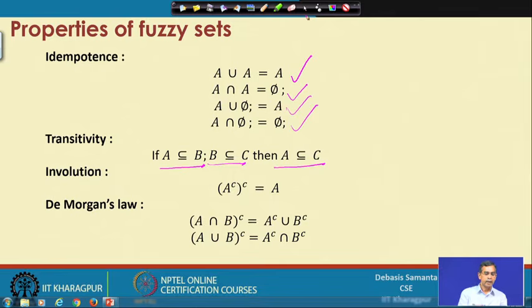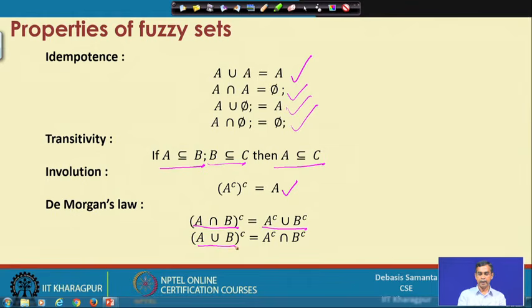Now, involution: if we take the complement of the complement of a fuzzy set, it will return the original fuzzy set. De Morgan's law we know, which is there in Boolean logic as well as crisp logic. It is basically: A intersection B, if we take the complement, is the same as A complement union B complement.